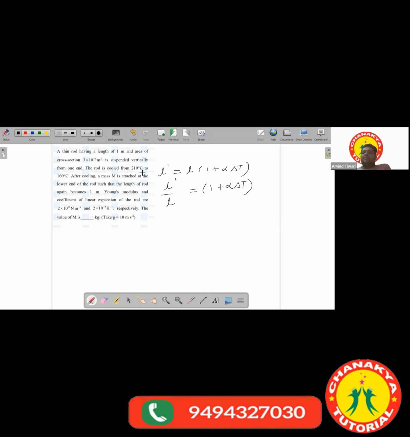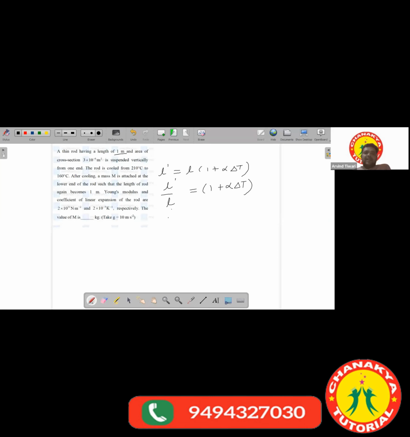Here they have given the value of delta T. We know the value of alpha. So we can put in these values and get the value of L dash by L. The original length is given to us as 1 meter.